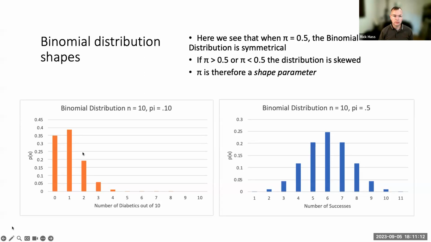Okay? What's the deal with this distribution? Skewed, right? The reason it's skewed has to do with pi, right? Pi is very low, so the probability of being diabetic is quite low, such that the total number of diabetics out of any n is generally going to be estimated to be low.